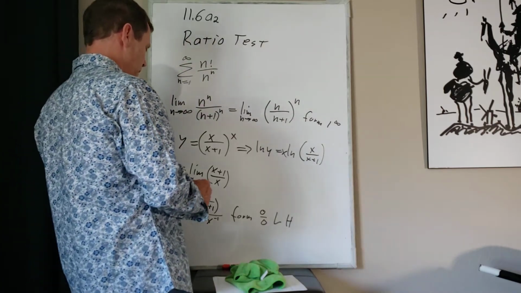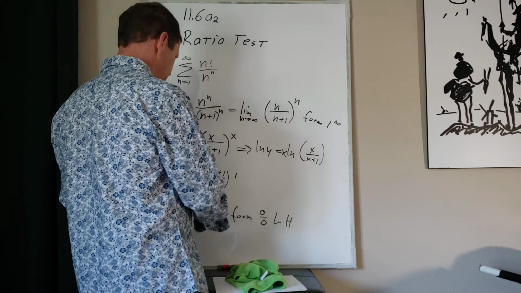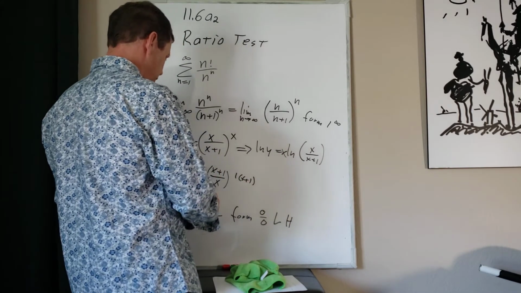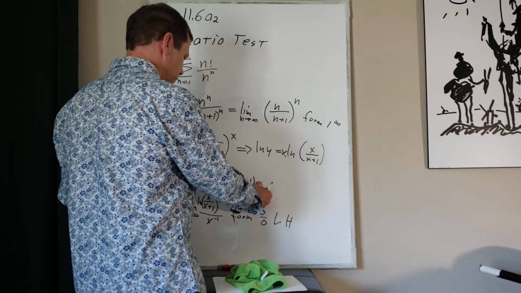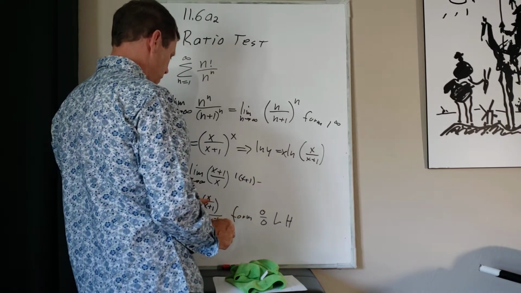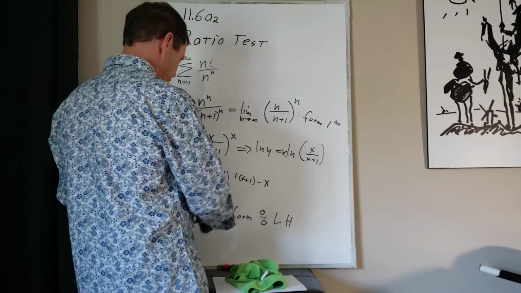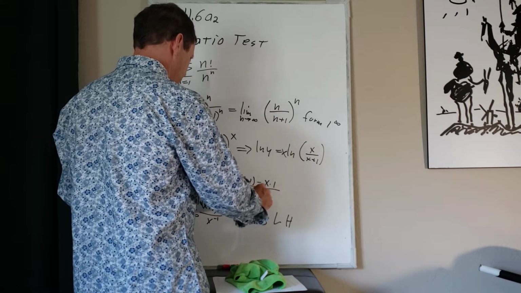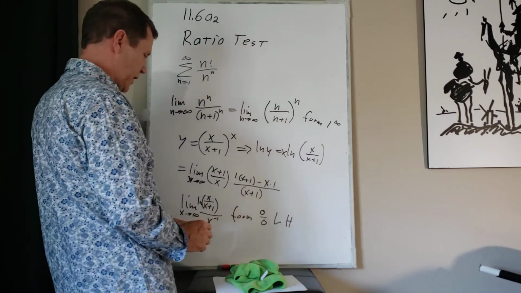Okay, derivative of the inside, you have to take derivative of the top, which is 1 times the bottom, which is x plus 1. So derivative of the top times the bottom minus the top times the derivative of the bottom, which is 1, over the bottom squared. And then all that is over this guy squared.